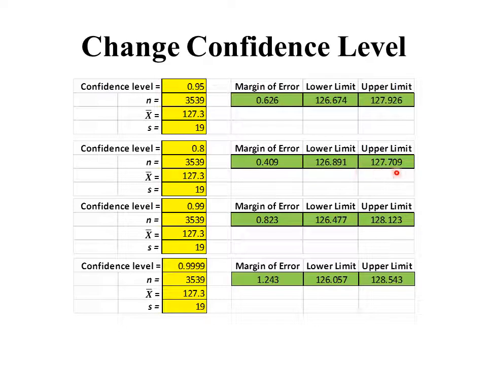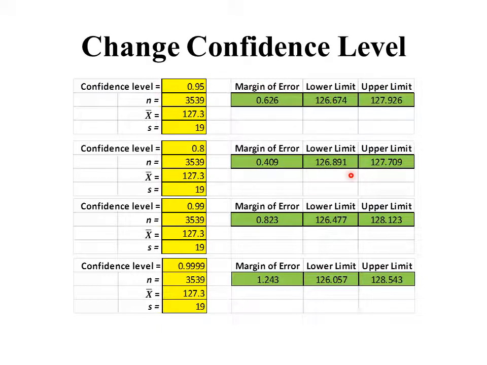Now look at what that does to the confidence interval. The lower limit went from 126.6 up to 126.9 almost. So the lower limit got bigger. Look at what happens to the upper limit. It went from 127.9 down to 127.7. So the upper limit got smaller. So that means that our lower limit and upper limit got closer together.